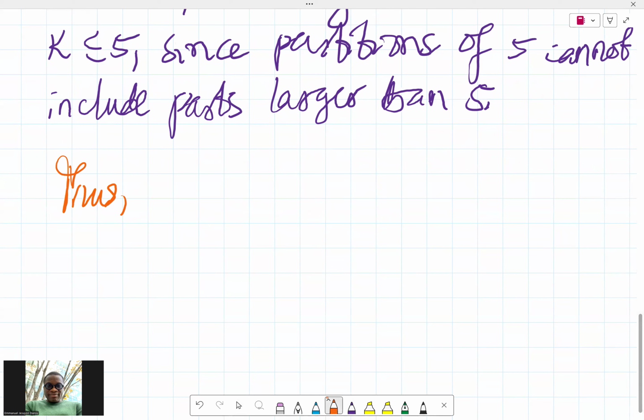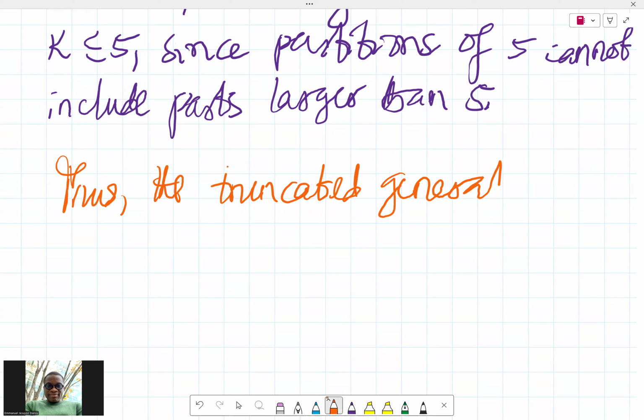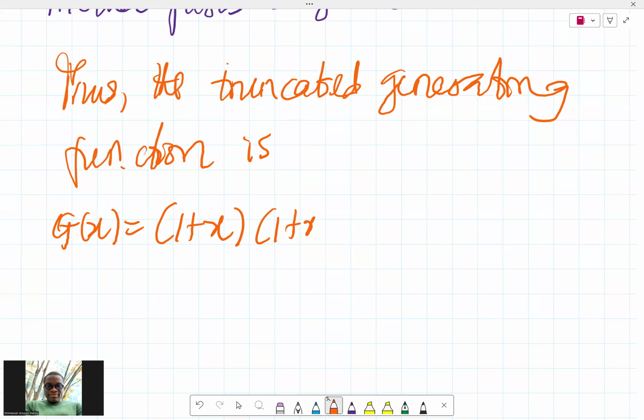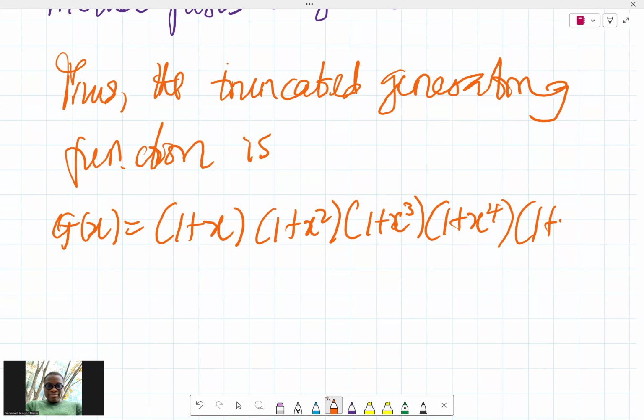Thus, the truncated generating function is g of x equals 1 plus x raised to power 1 into 1 plus x raised to power 2 into 1 plus x raised to power 3 into 1 plus x raised to power 4 into 1 plus x raised to power 5.